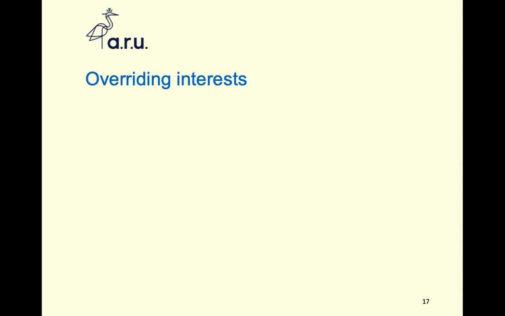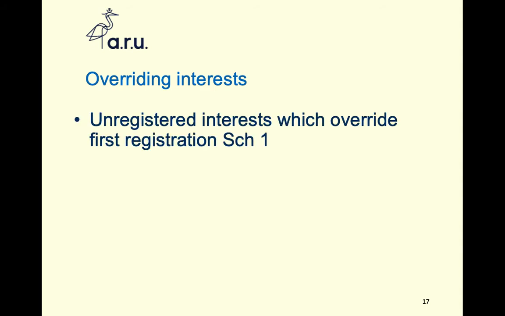Their interest overrides that of anybody else coming along to the land. They affix and attach, just like tree roots, whether they've registered or not. So these are interests that have been unregistered. Well, I should have said whether they could have registered or not.